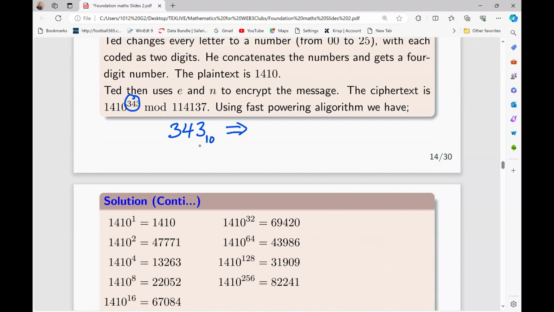Let's just see what the conversion is. This is 343. To binary is 1, 0, 1, 0, 1, 0, 1, 1, 1.